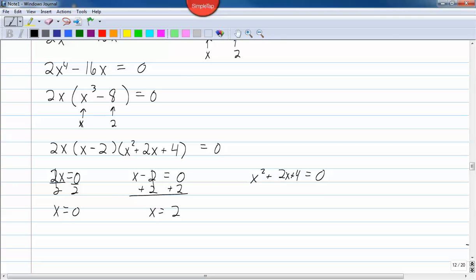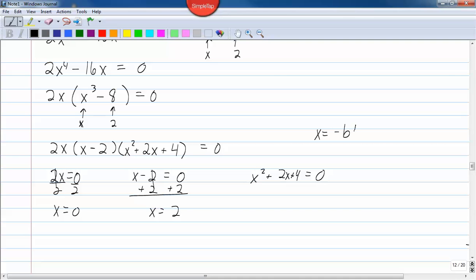So you know right away that whenever you set this last factor equal to 0, no matter what it is, I guarantee you, if it's a quadratic and it came from a cube, it's not going to factor, and you're going to get some imaginary numbers in there. Alright, so I need to use the quadratic formula.